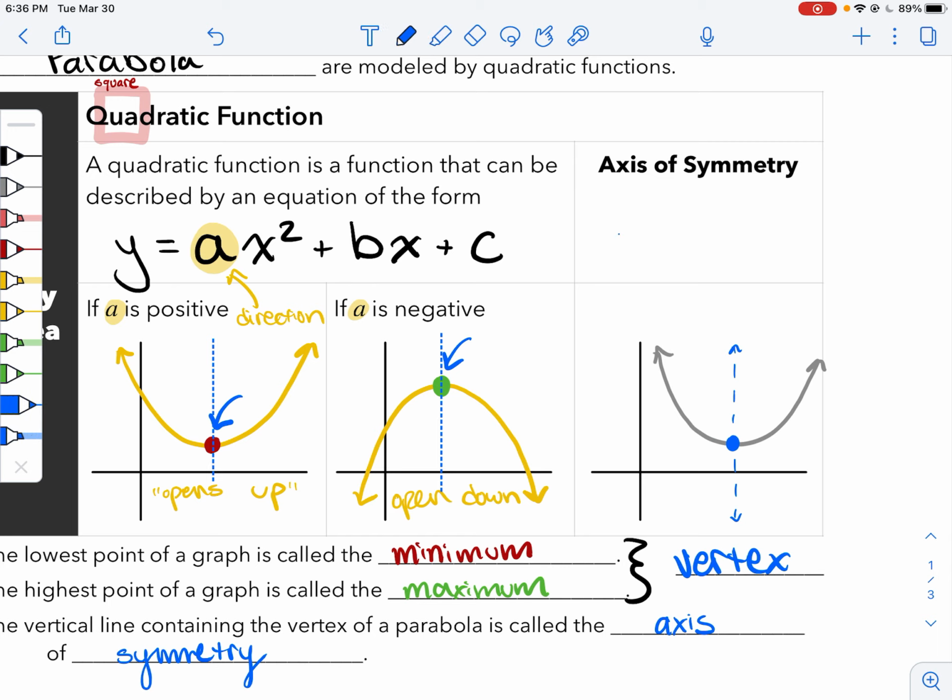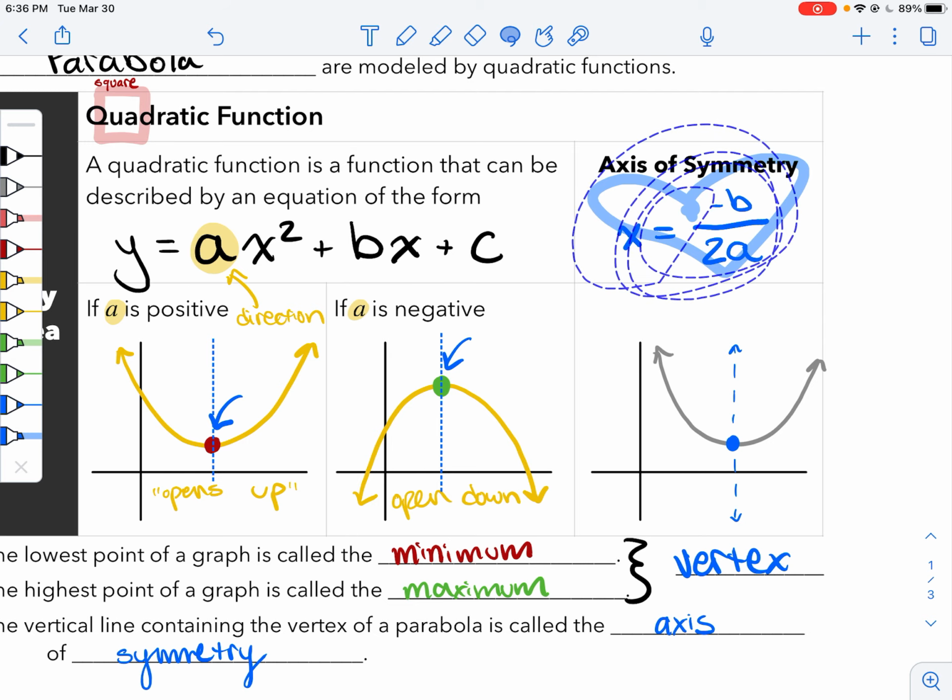To find the x value, because this is a vertical line, x equals something, it will always be negative b, divided by 2 times a. That's a key idea. Memorize it. Love it. Your axis of symmetry is x equals negative b over 2a.